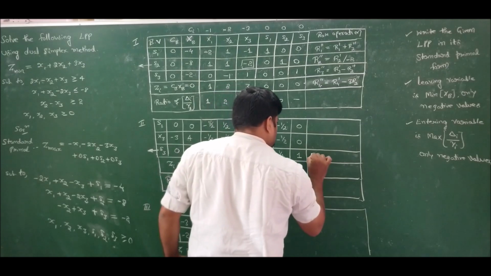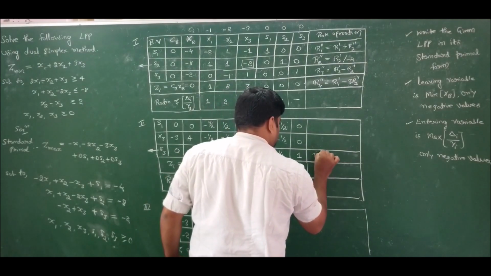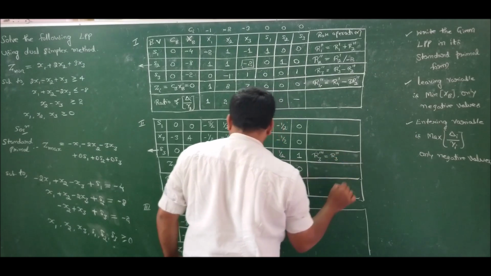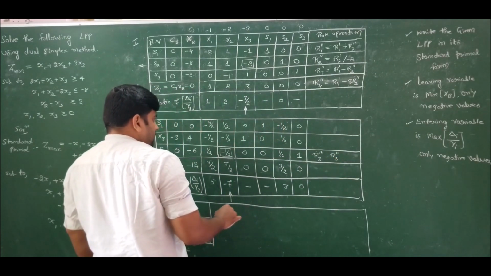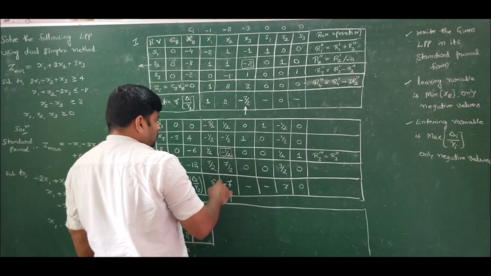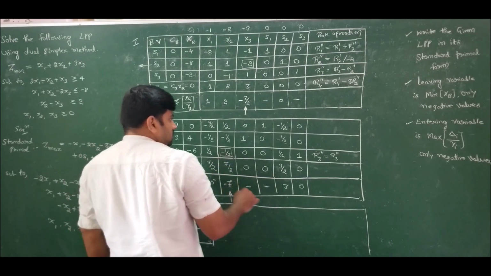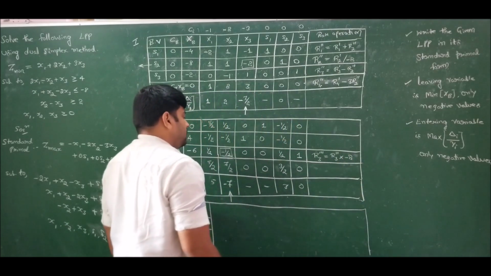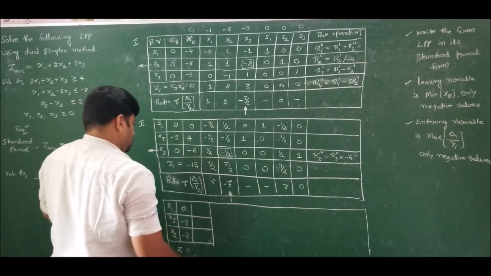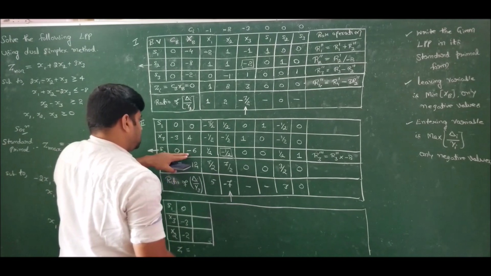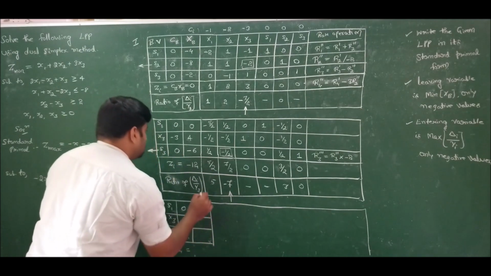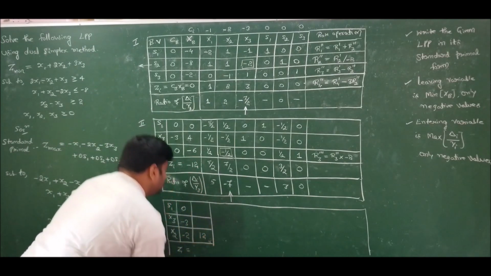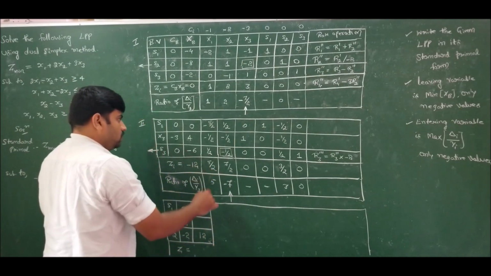So R3 of step 3 is equal to R3 of step 2 multiplied by -2. So we have -6 minus 2 is plus 12. 6 2s are 12. Minus of minus is plus. 2 will get cancelled.